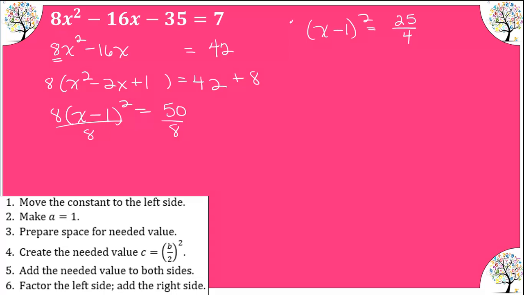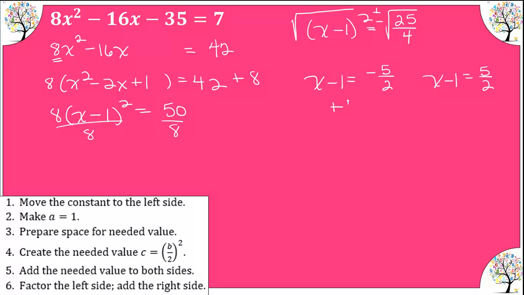Now we're going to take the square root of both sides, and I notice that this rational expression, the numerator and denominator, are perfect squares. So we have x minus 1. Our negative root is negative 5 over 2. Our positive root is positive 5 over 2. So I just took the square root of 25 and the square root of 4.